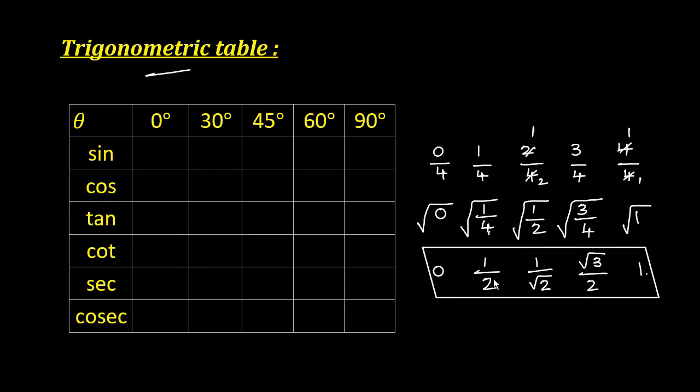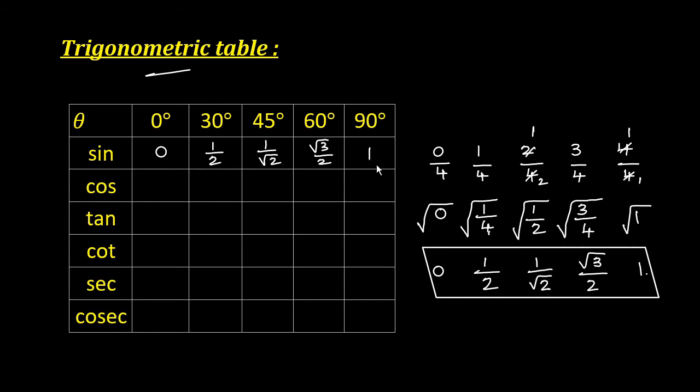Write these 5 values in the same order in the boxes provided for sine: 0, 1 by 2, 1 by root 2, root 3 by 2 and 1. Now to find the cos values, there is not much to do, just reverse the order of the sine values.